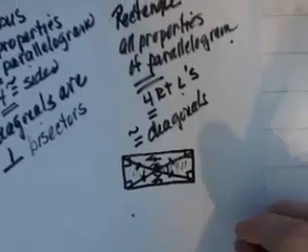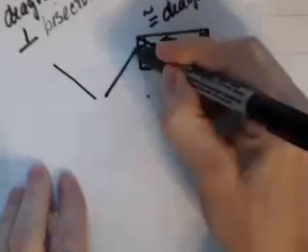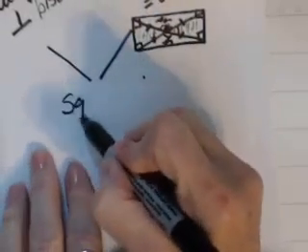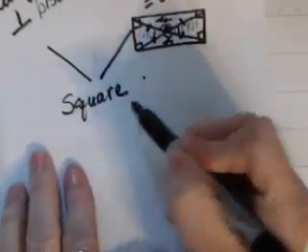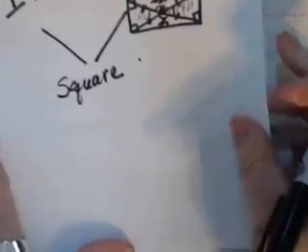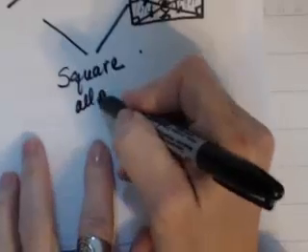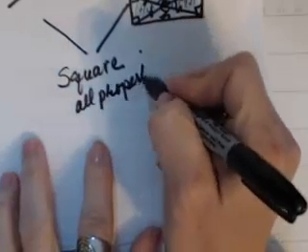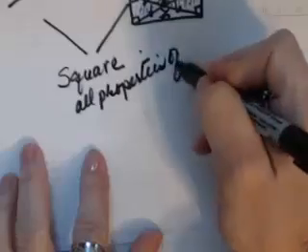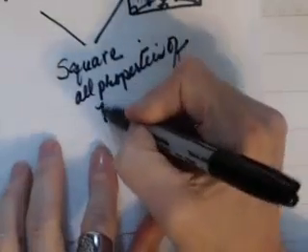Alright, last for the parallelogram, we have the square. So the square has all properties of the parallelogram.